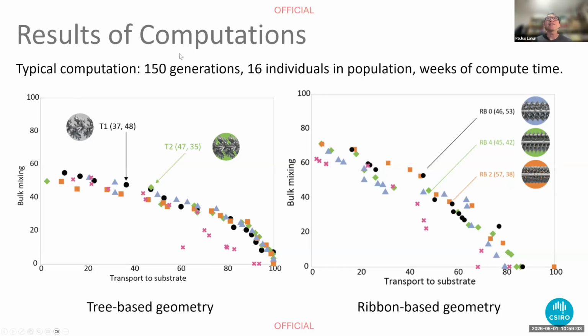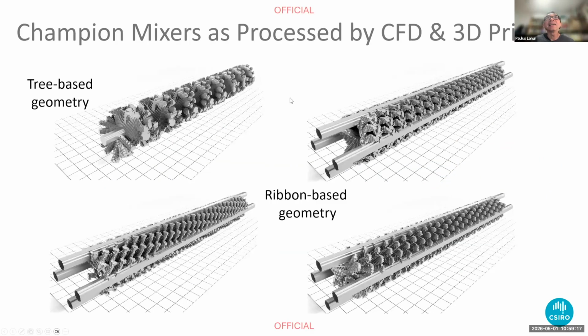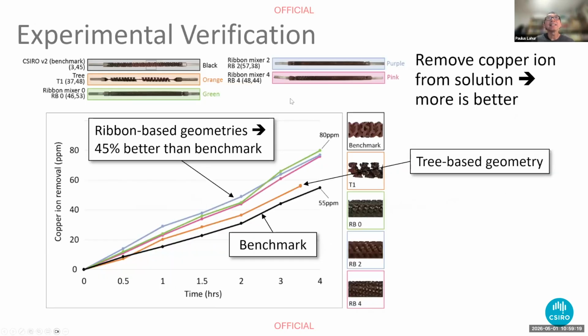So these are the winners, the mid winners, and they look like really alien kind of geometry. And this is their performance.